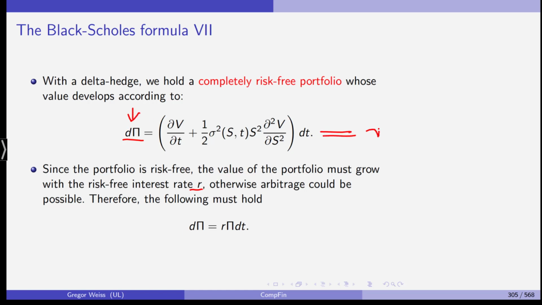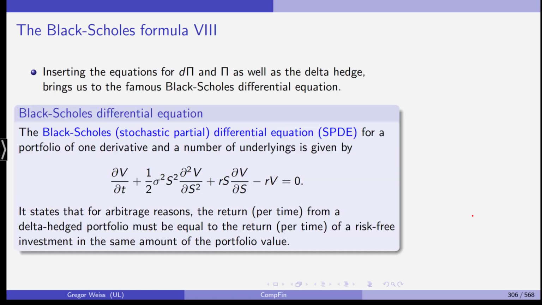And this is the final step in the Black-Scholes model. You take a portfolio that consists of one derivative long, delta number of underlying short. You make a perfect hedge, a delta hedge, and with a delta hedge the portfolio should pay the risk-free rate for arbitrage reasons. And then this is the Black-Scholes stochastic partial differential equation, the SPDE.